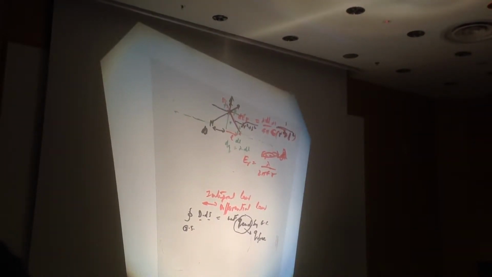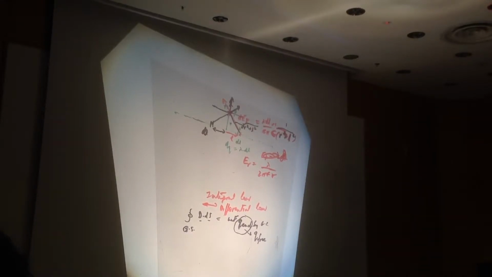Because when it comes to analyzing problems with a dielectric, like a capacitor, you have two capacitor plates, you put a dielectric in between. The electric field from the charges on the conductor will polarize the dielectric, creating positive and negative charges inside the dielectric. But when you apply Gauss's law, all charges which are not on conductors are ignored completely.